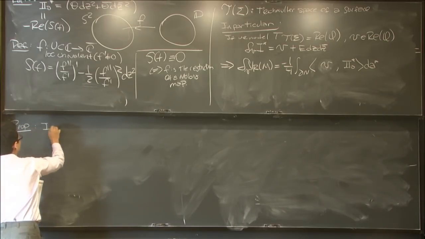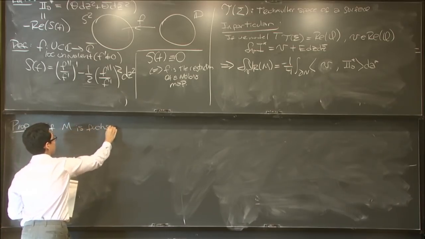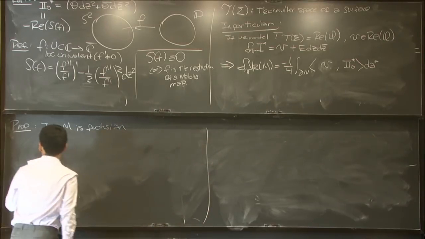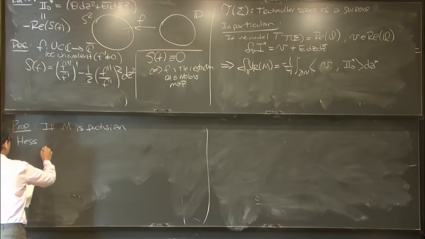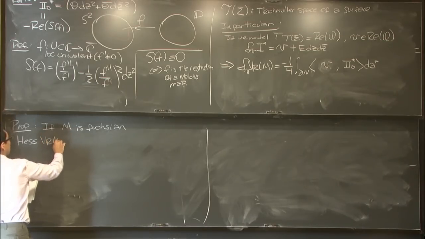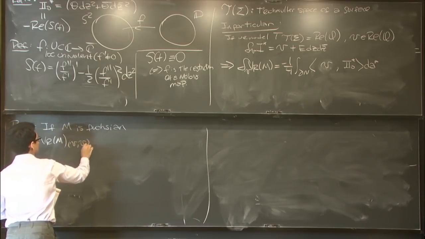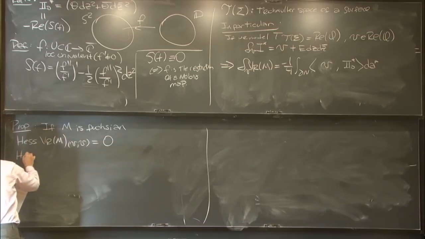Then you could use this to look at the following proposition. Let me take a second to define this formally, but let me just give you the Hessian of renormalized volume in the VV direction. This is going to be equal to 0.